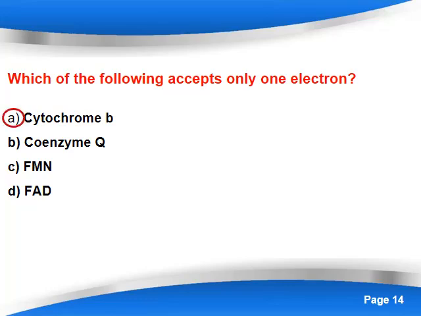As we said, cytochrome has iron, present in the porphyrin, or non-heme iron as iron-sulfur. It accepts, oxidizing and reducing electrons. While coenzyme Q, FMN, FAD, and even NAD, all of these do not carry only electrons.